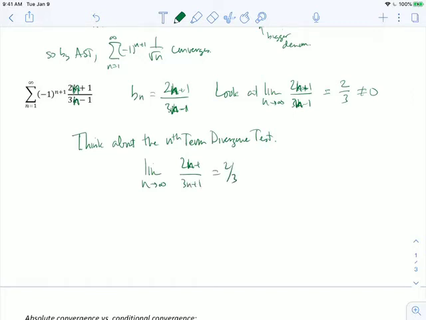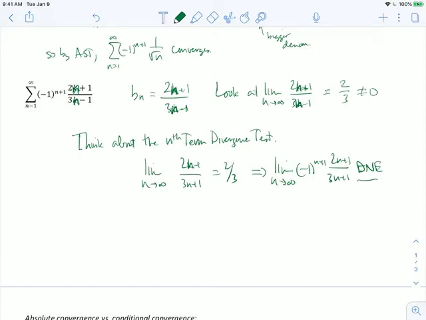So this limit as n goes to infinity is 2/3, which tells me that if I take the alternating sequence, the limit does not exist. So this goes back to something that we talked about in section 1 of this chapter, that alternating sequences whose positive term doesn't go to 0 are oscillating back and forth.